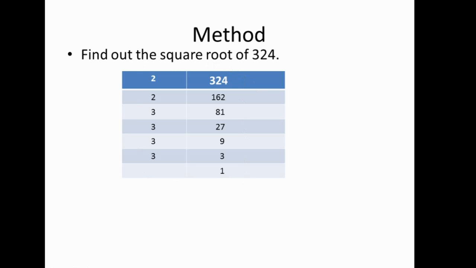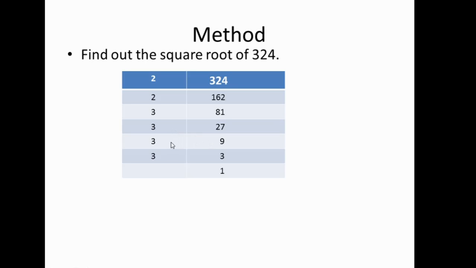As the word is 324, I can divide it by 2. When I divide 324 by 2, it becomes 162. Again I divide by 2, it becomes 81. Now I can divide 81 by 3, so it becomes 27. Now I divide 27 by 3, so it becomes 9.